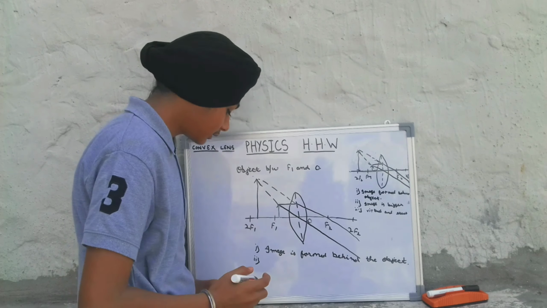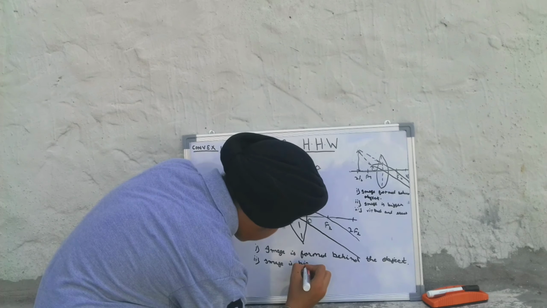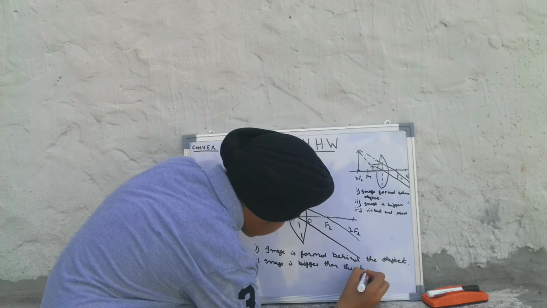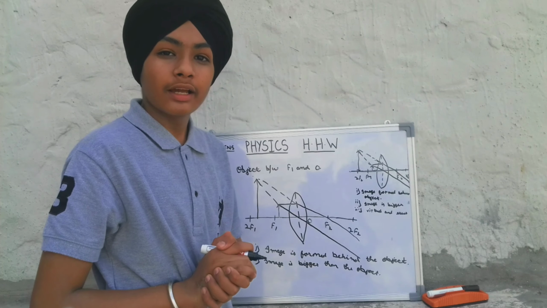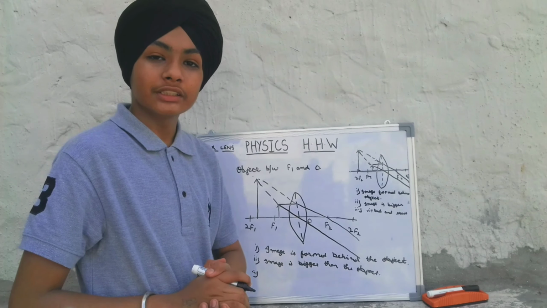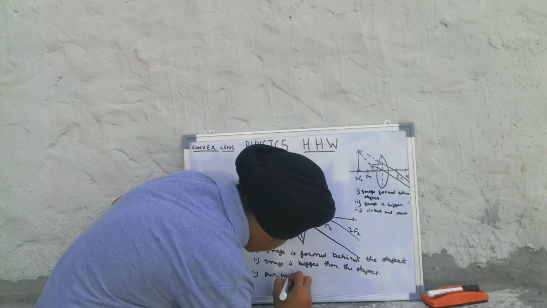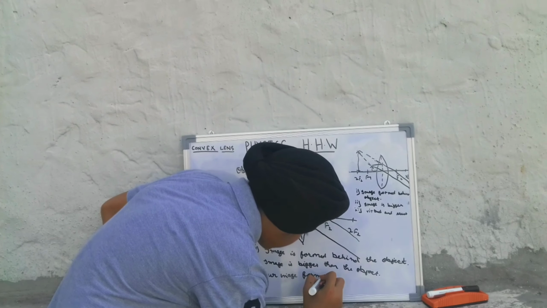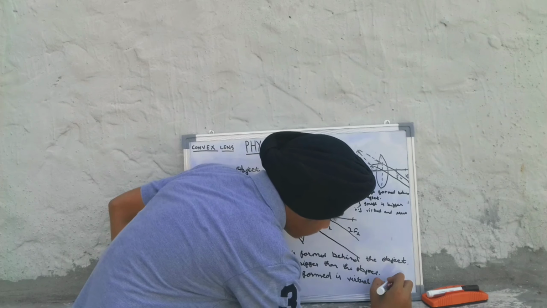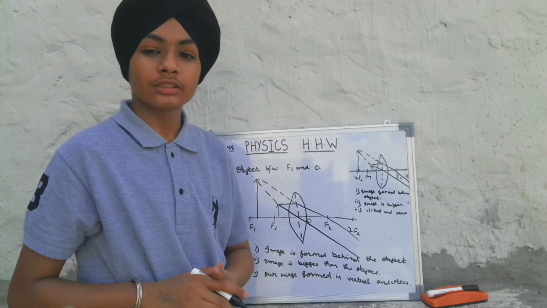So it is bigger than this. Our third and last point is that our image is virtual and erect. So here our second case of the convex lens is completed.